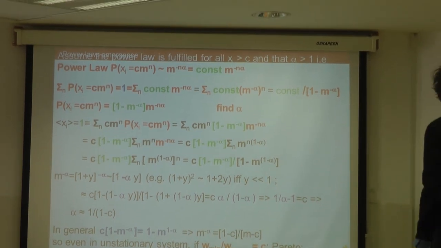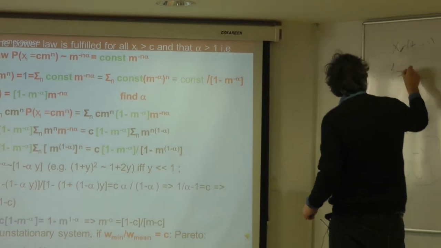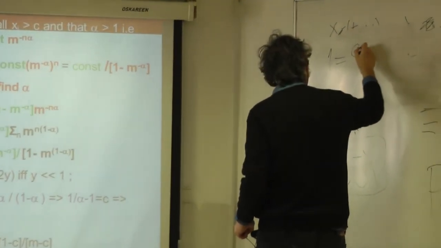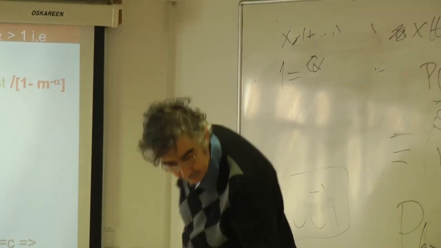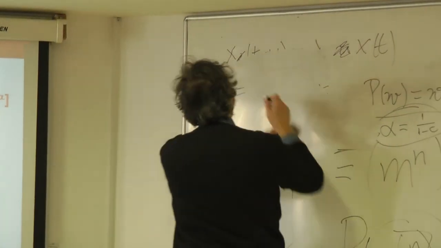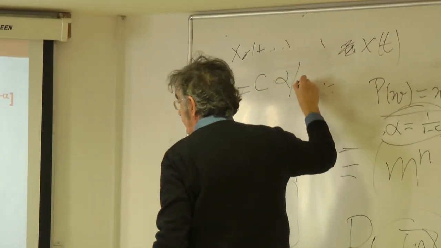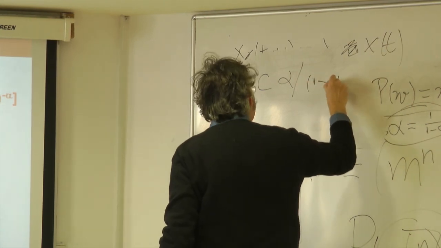So I have 1 equals C alpha over 1 minus alpha.